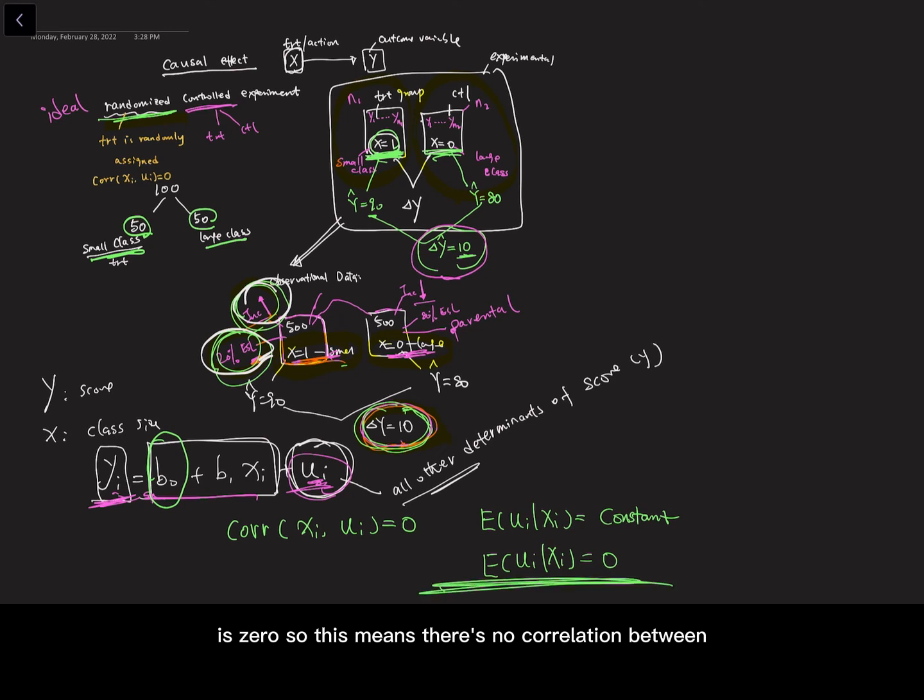So this means there's no correlation between X and other determinants of Y. This is the most important, most difficult condition to satisfy in order to make a causal inference for B1. So this is the first least squares assumption for B1 to have a causal interpretation. That means there is no correlation between X and other determinants of Y. Basically, that means it's as if it were a randomized control experiment.